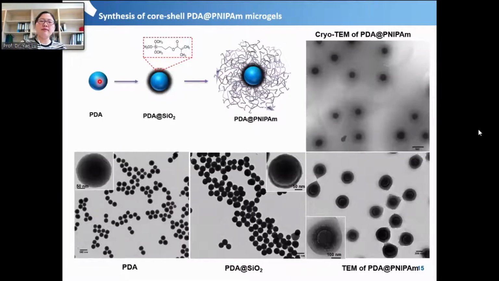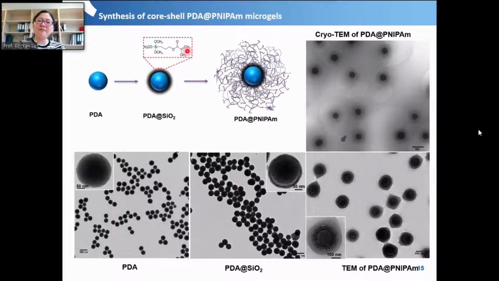What we have done is cover the polydopamine particle with a layer of silica, and then with silica, of course, you can modify the silica surface very easily, and you can use this MPS precursor of silica. You will see here you have a double bond.